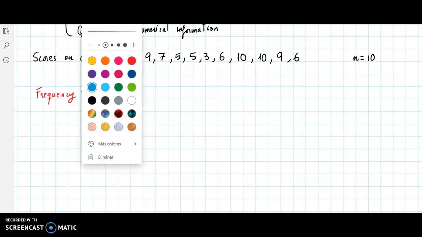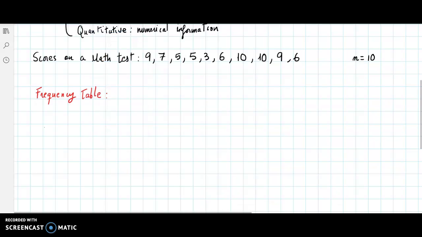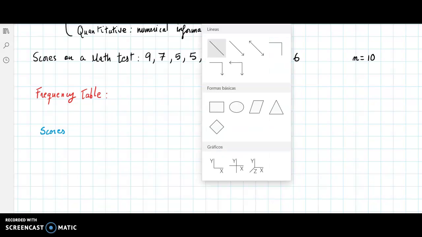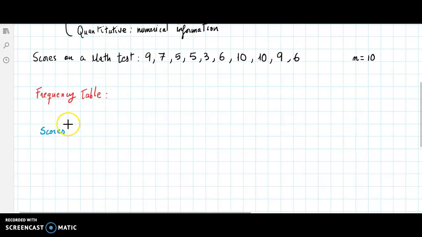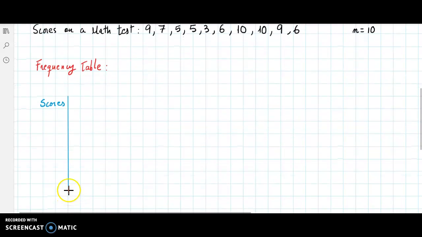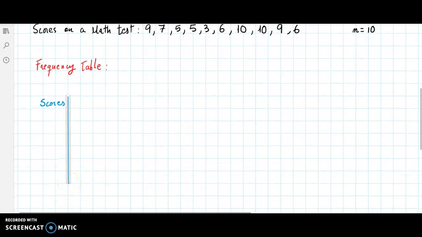In a frequency table, we have two columns. The first column is the scores. We're going to make a straight line to separate the columns.